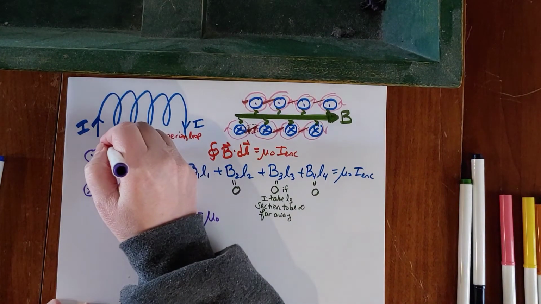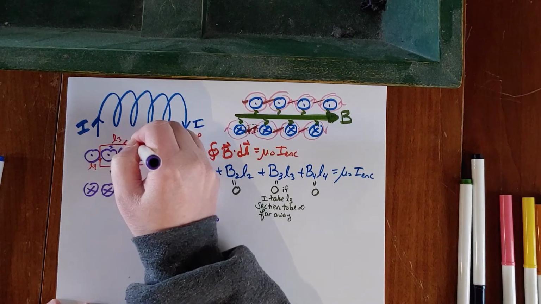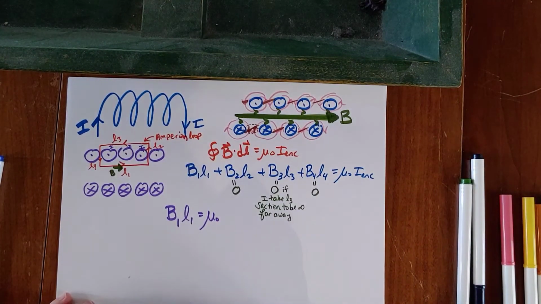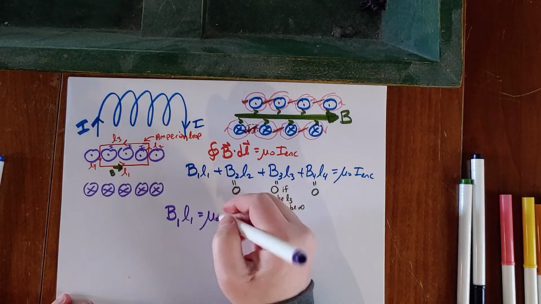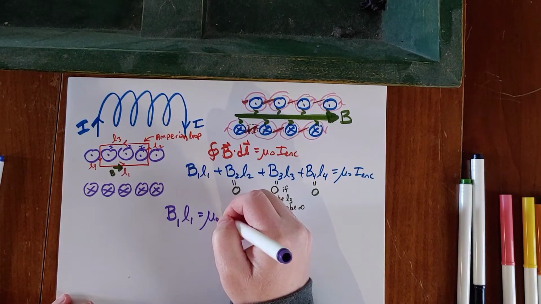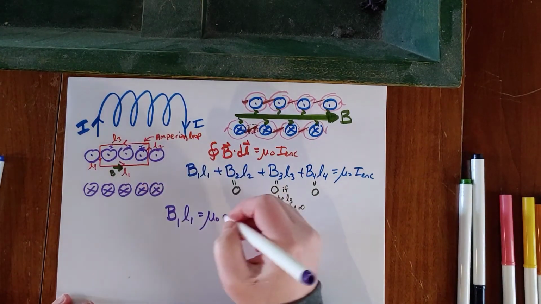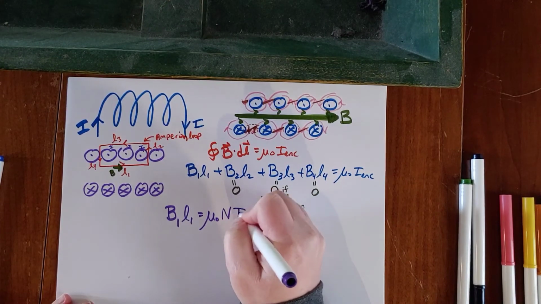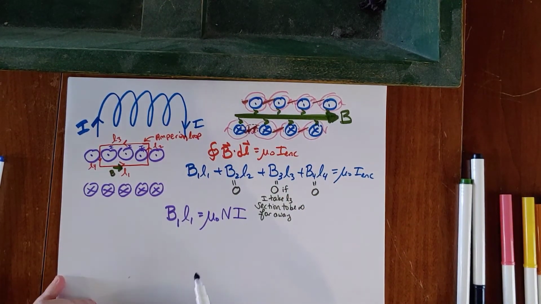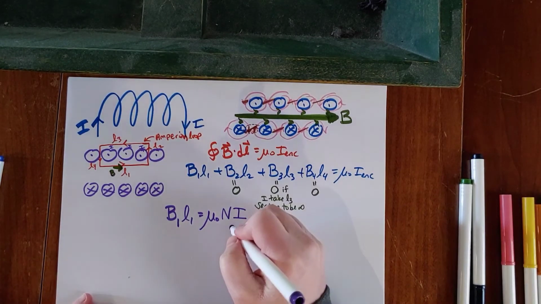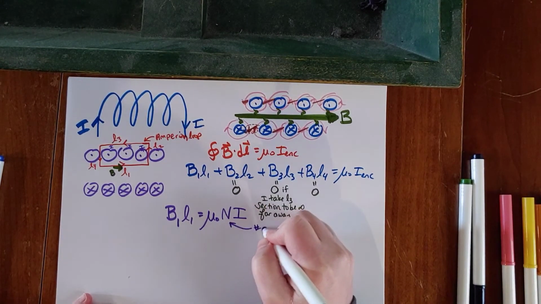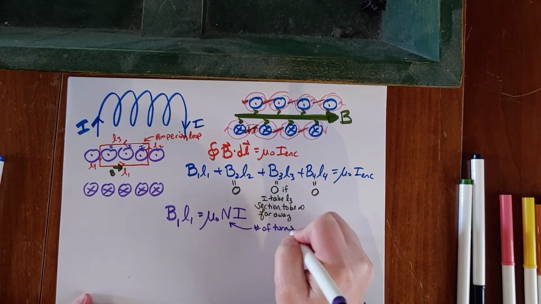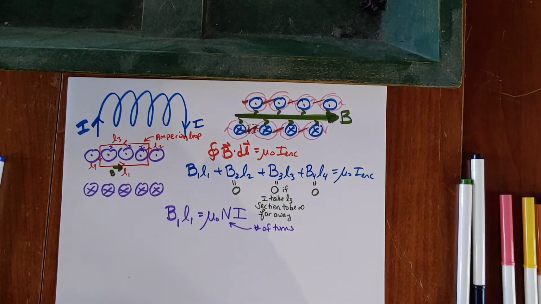Each of those dots has a current I, all right? So I have how many of those dots? Let's call it n. I have n dots, so I have n times I, right? Where n is the number of turns, okay?